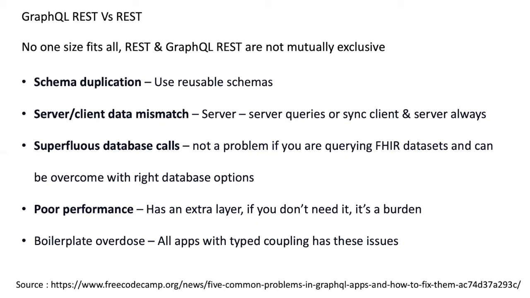But superfluous database calls are a problem, meaning let's say that you're chaining from one resource to another. Let's say there is an appointment resource, and we saw in an appointment there is a practitioner, patient, healthcare service, device, location, all those resources.